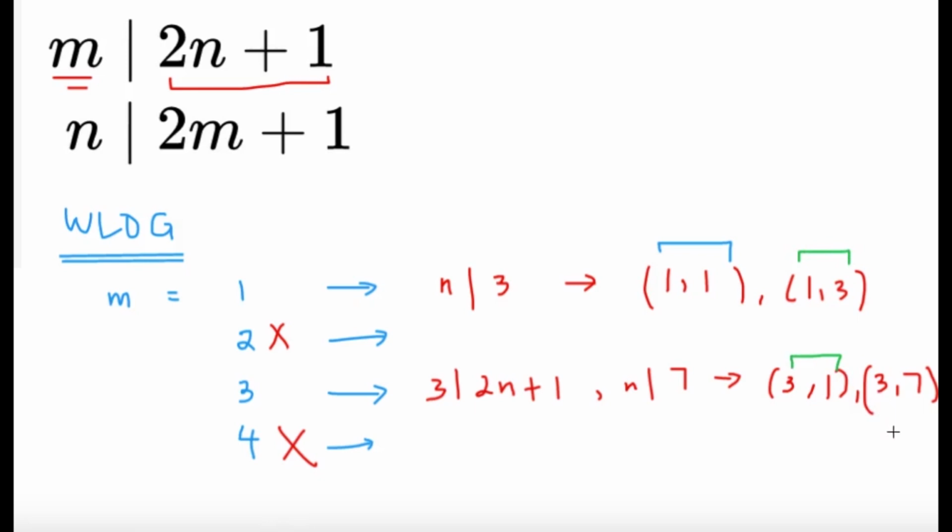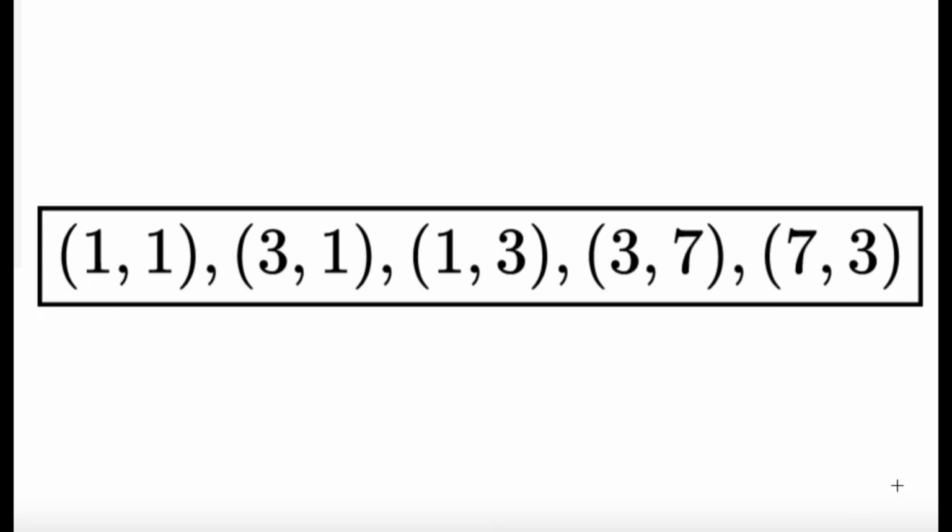Lastly, for (3, 7), because of the assumption that m was the smaller one, we could also have (7, 3). So in total, we should have 5 ordered pairs: (1, 1), (3, 1), (1, 3), (3, 7), and (7, 3). And these will be our final answers.